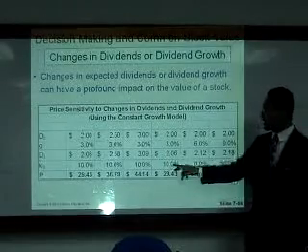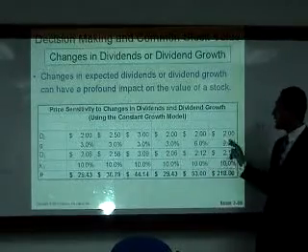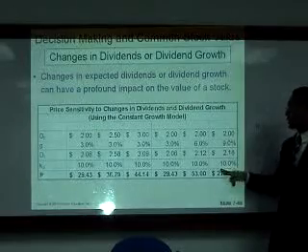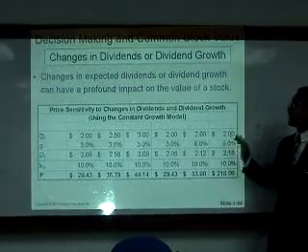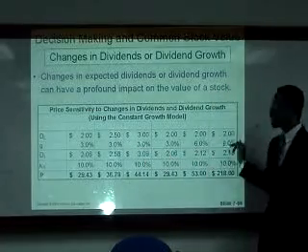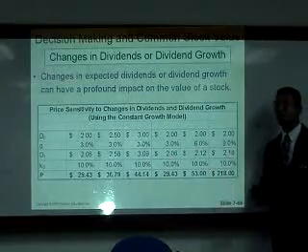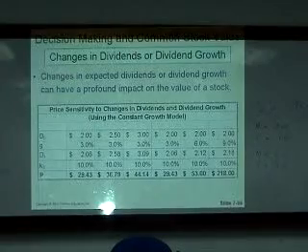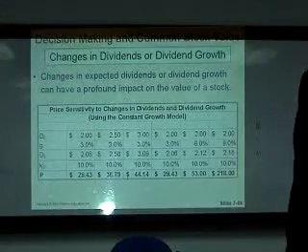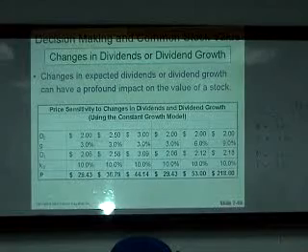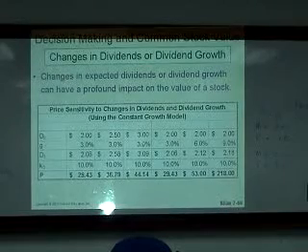And if you look at the price also, the higher the growth rate, the higher the value. So basically here, higher dividend, higher growth rate, higher value of the stock.